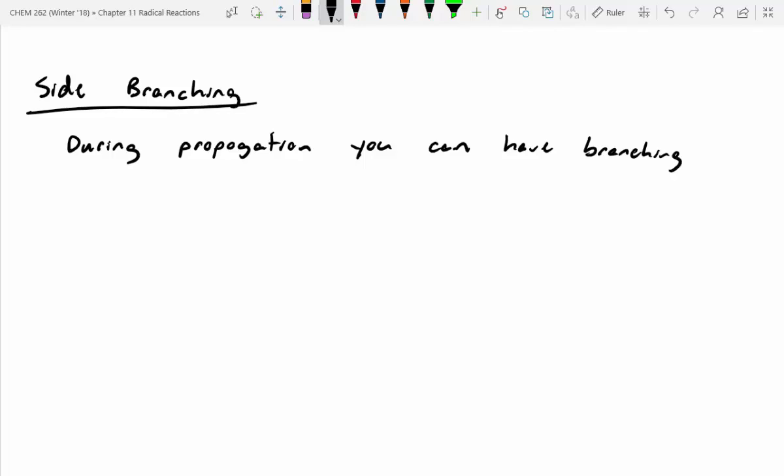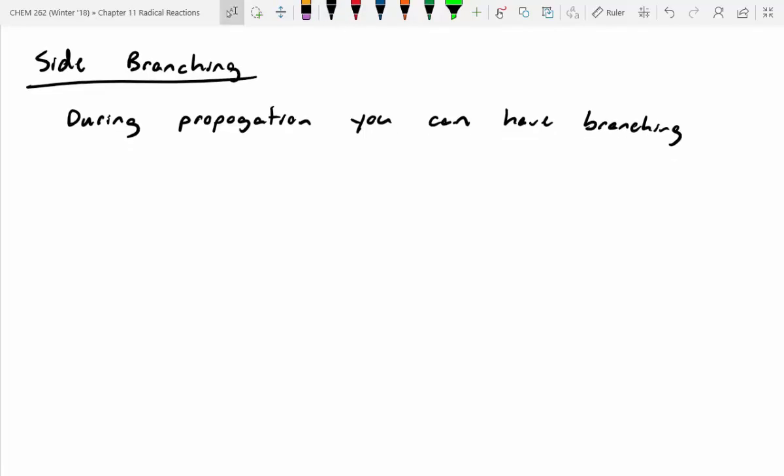We're not going to get into how this is controlled, but quite often you can choose an initiator or specific reaction conditions that will limit or promote branching of your main polymer. And they use this to control the overall macroscopic properties of your plastic. So let's take a look at what occurs during this step.